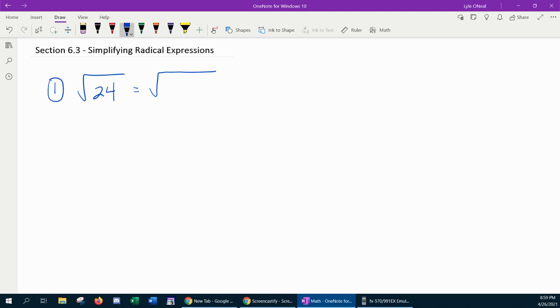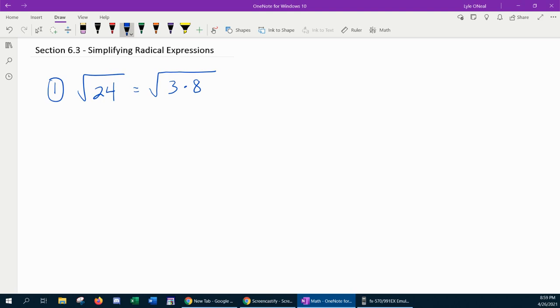So 24, we know that 1 times 24 is 24. 1 will square root, but that'll leave me the square root of 24, so I haven't really made any progress. 2 times 12 is 24, but neither 2 nor 12 are perfect squares, and so we keep looking. 3 times 8 is 24. 8 is a perfect cube, but we need a perfect square.